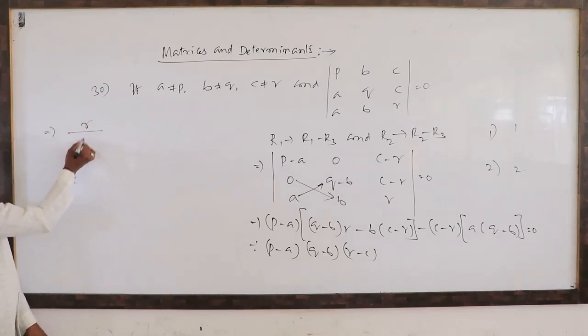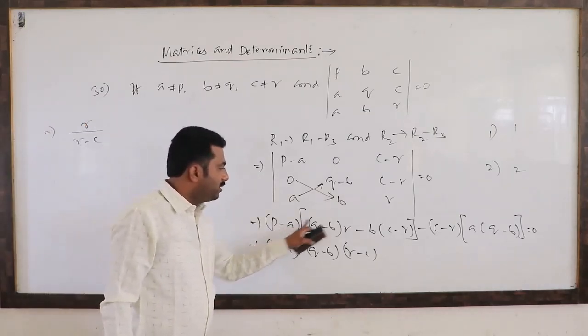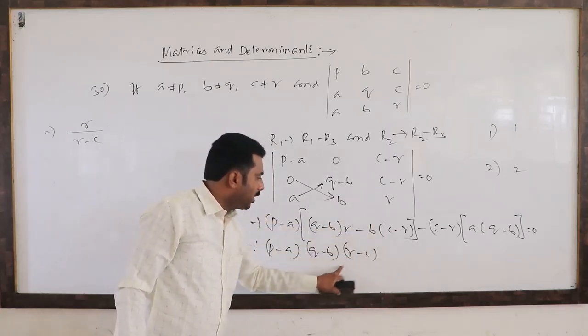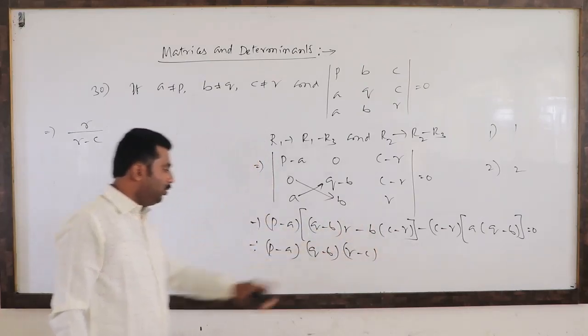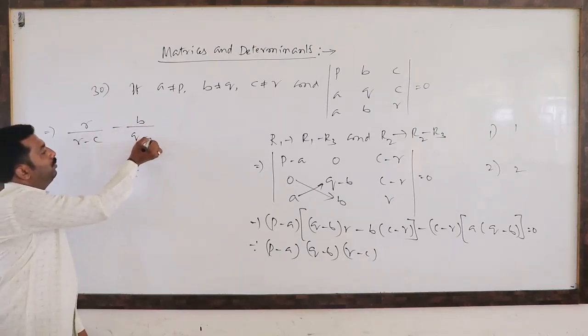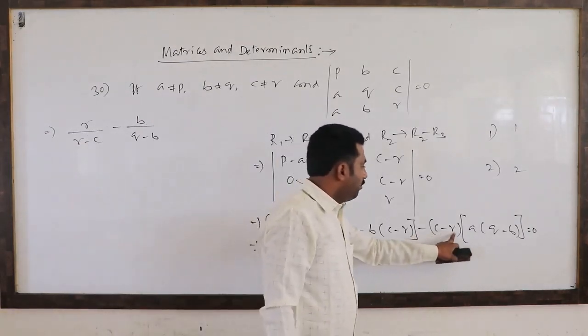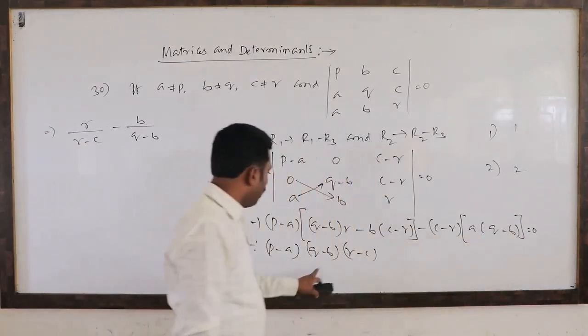R divided by R minus C. First one gone. P minus A into C minus R, both will cancel, means minus B by Q minus B. Then this one, C minus R, Q minus B, here what we are dividing?